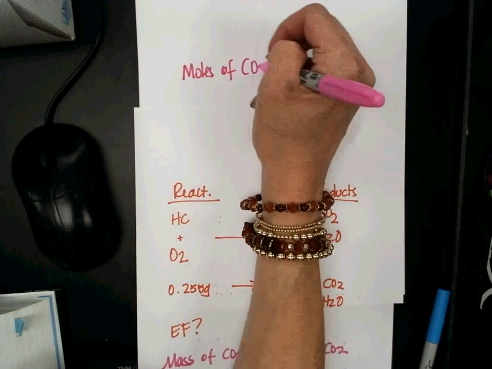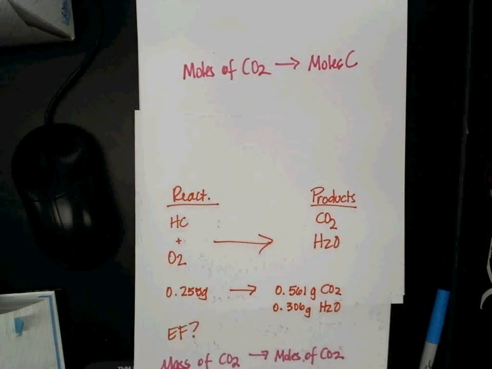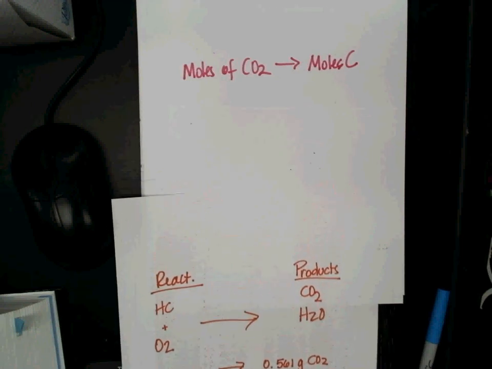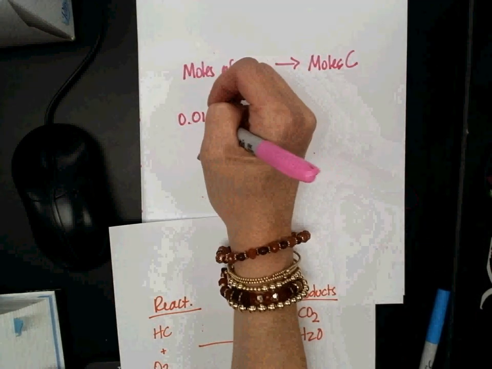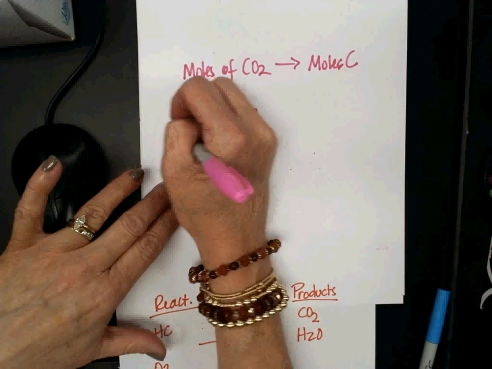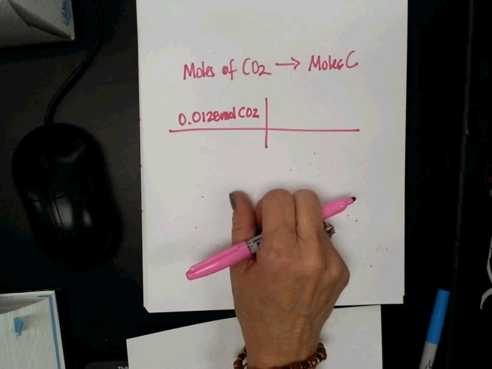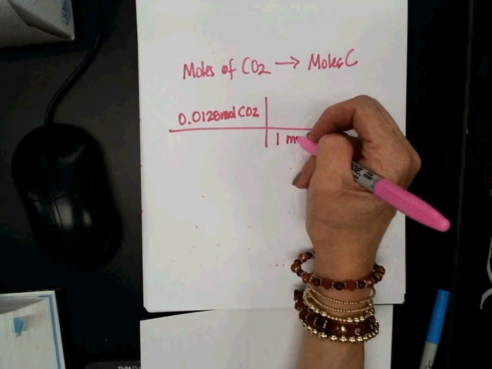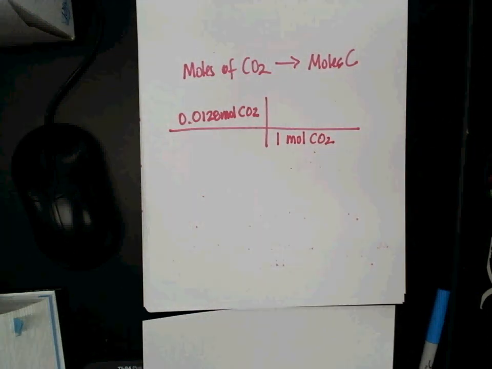So now what I want to do with that is go from moles of CO2 to moles C. So I'm going to have to use a mole ratio. I have 0.0128 mole CO2, and I can use my mole ratio for every 1 mole of CO2. I put it on the bottom because that's what I need to cancel out.